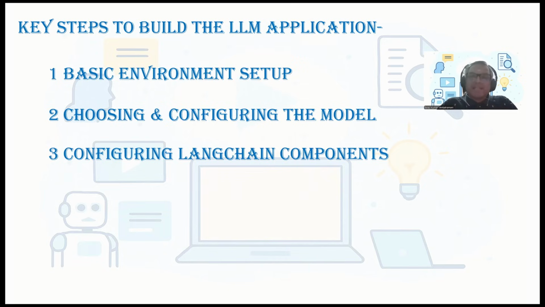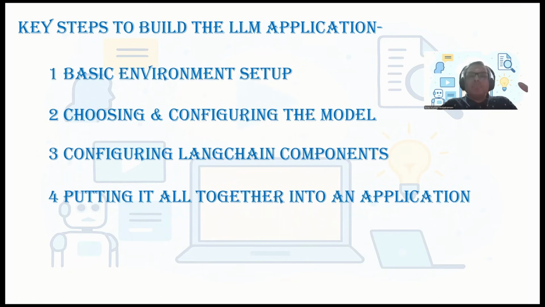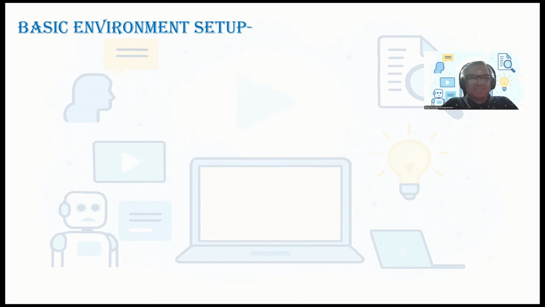So using LangChain components, we will be able to set up some of the basic steps for using the model and achieving the purpose of getting more details about the movie. And finally, we put all this together into a cohesive application code, which will be our first AI application based on a large language model, and see how it works. So let's jump right in.